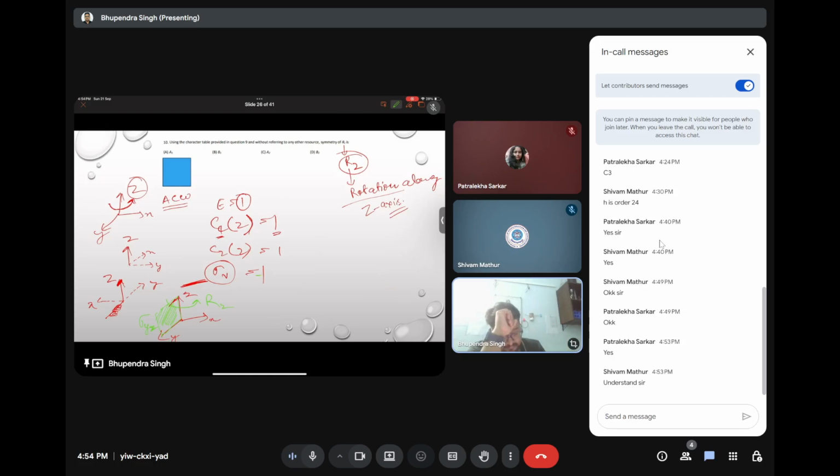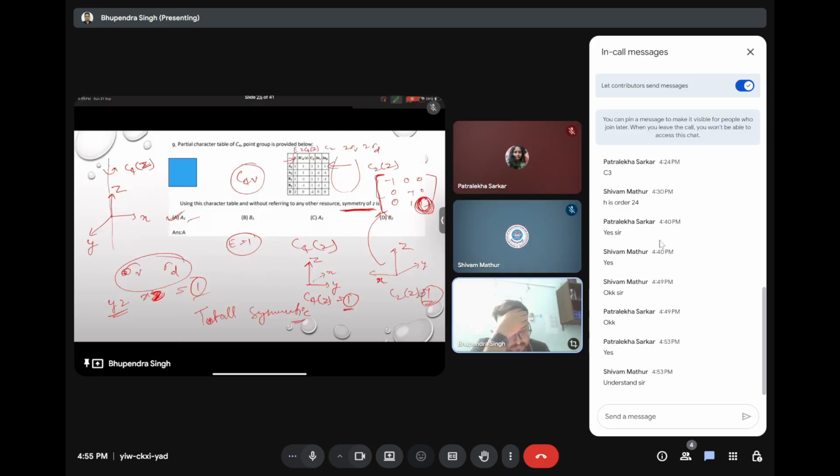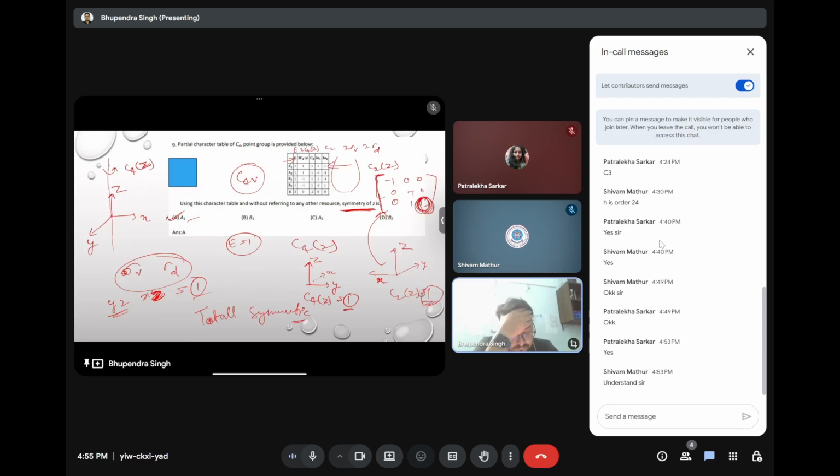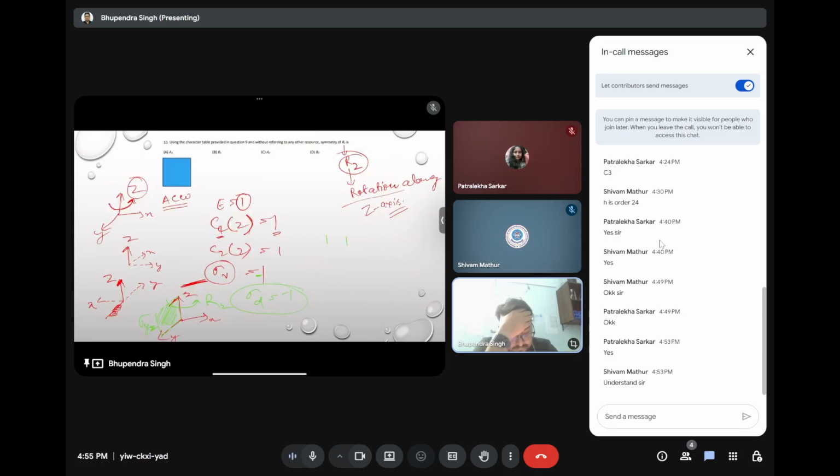I think it will give you minus. Sigma v gives minus. Next is sigma d. Sigma d also gives you minus. So if this is the case, then 1, 1, -1, -1 for E, C4, C2, sigma v, sigma d.